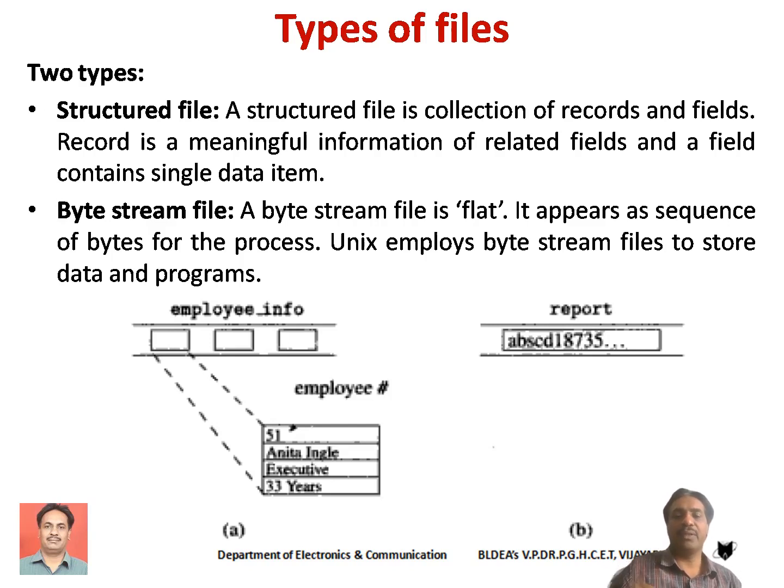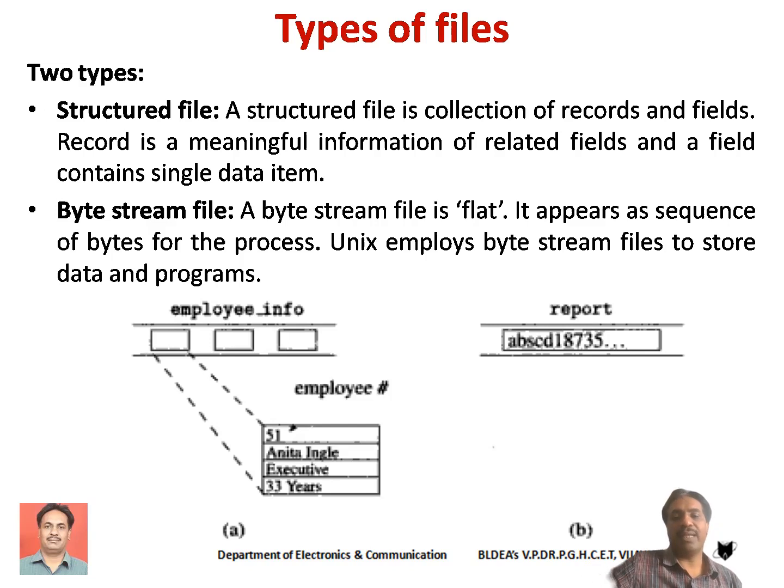For example, assume you have an employee whose ID is 51, name Anita, designation executive, and then the age. This one complete employee information we can call a record. However, the individual items of that employee's information are referred to as fields.